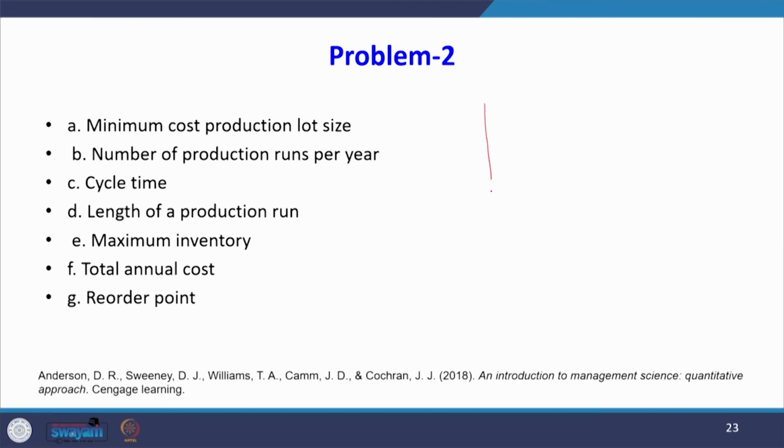In our lot size model, the y axis is inventory. This is where our production run is taking place. After that the consumption is taking place. So, we have to find Q star, number of production runs, cycle time, length of production run and so on.